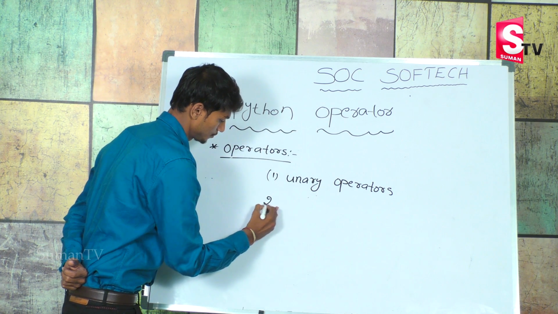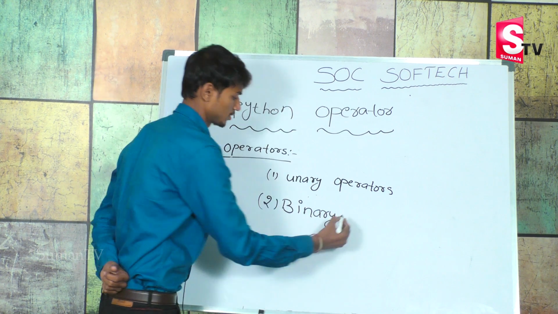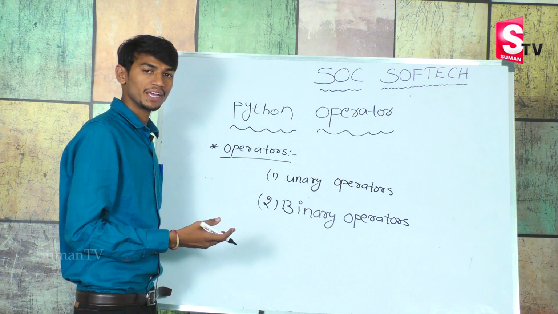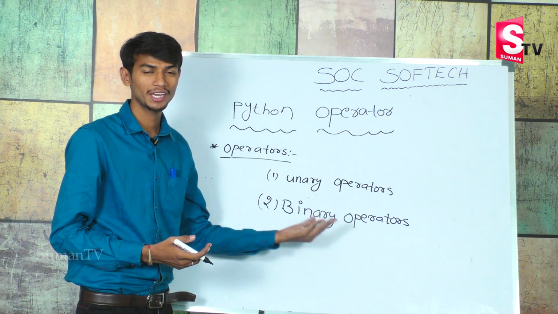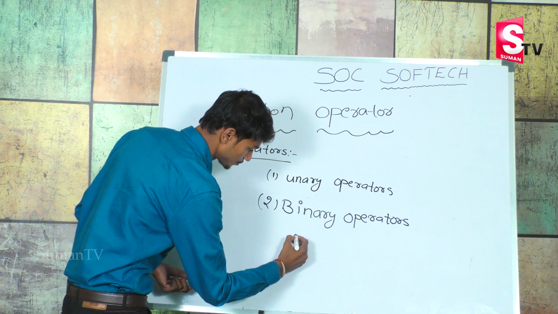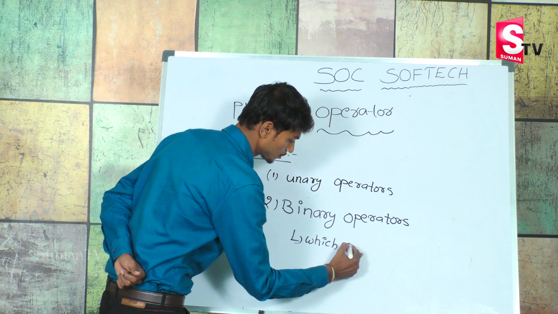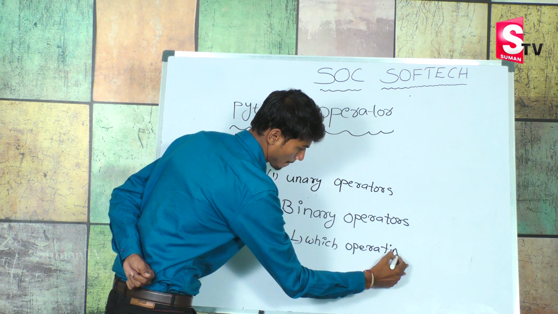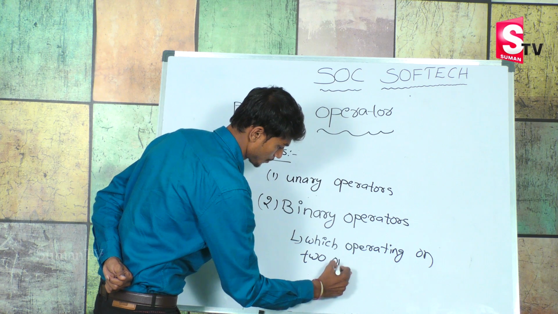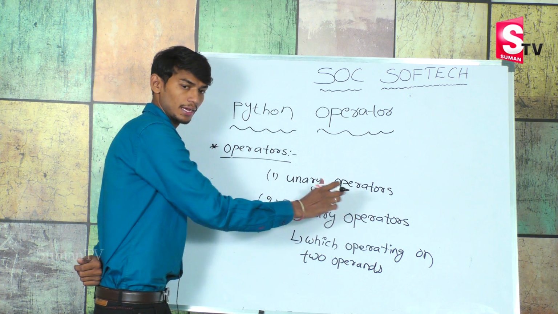The second one is binary operators. Here, the operators which operate on two operands, two means binary, those operators we call binary operators.